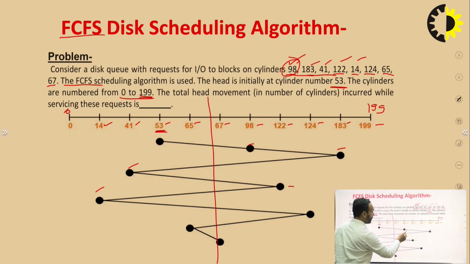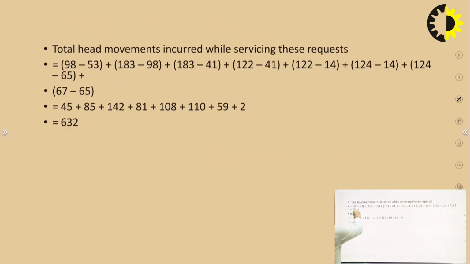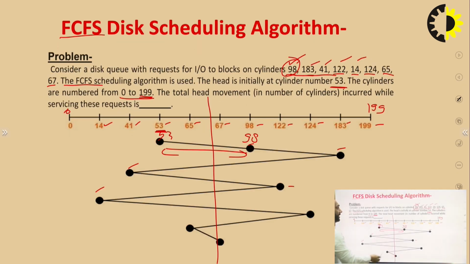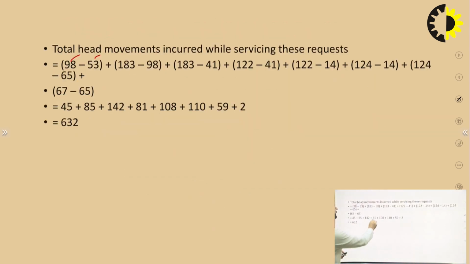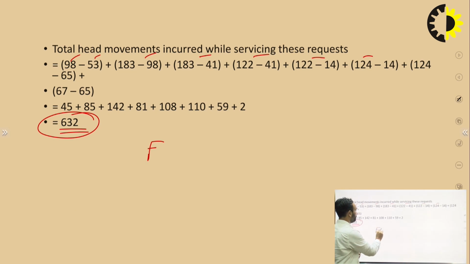The seek time is 98 minus 53. Likewise, for the second location, that is 183 minus 98, and so on. Finally we will get the seek time, that is 632 for the given head locations by using the FCFS method.